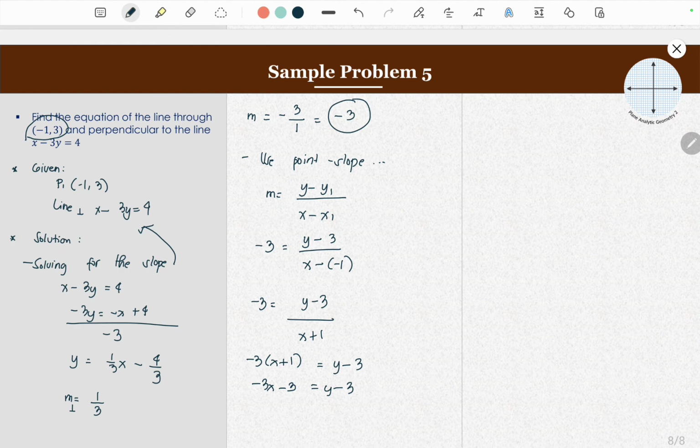Transposing in order to get the standard equation, we have 3x + y = 0. So the equation of the line through (-1, 3) that is perpendicular to the line x - 3y = 4 is 3x + y = 0.